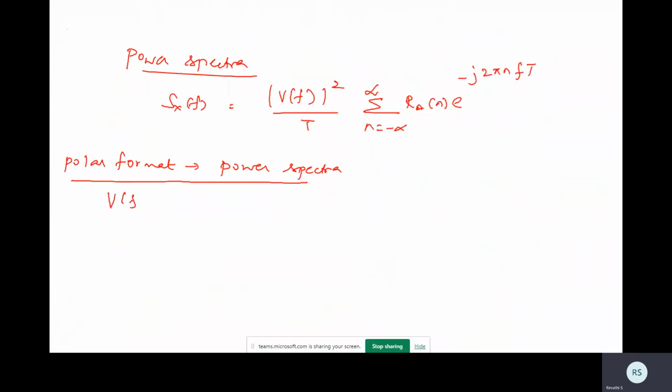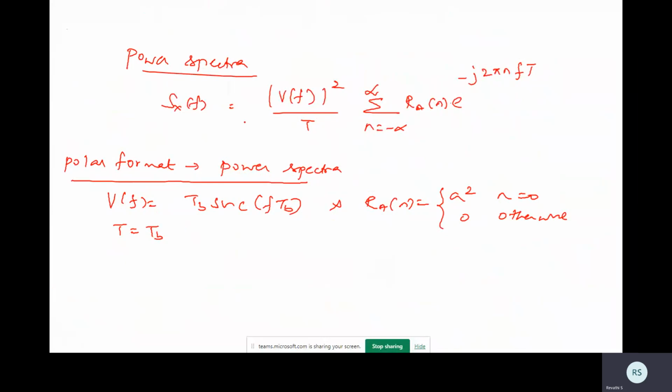So for polar formatting, V of f is TB sinc of f TB, and RA of n is A square for n equal to 0, and 0 otherwise. So we concentrate only on n equal to 0; all the other summation terms are 0. Putting these together, capital T is TB, because it is only one bit duration.